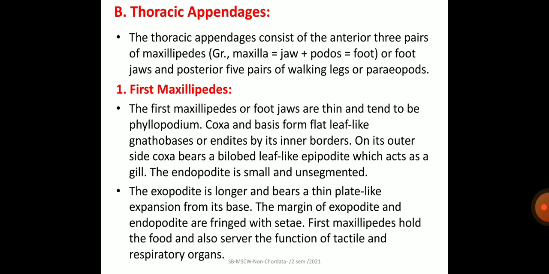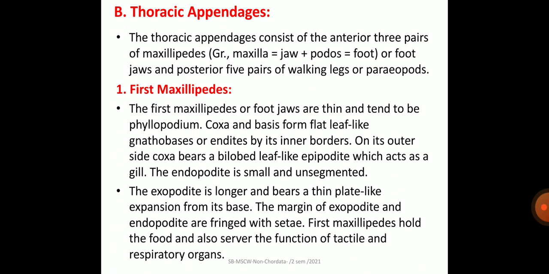So, the first maxillipede or foot jaws are thin and tend to be phylopodium. Their coxae and bases form plate-like structures called gnathobases or endites by their inner borders. On its outer side, the coxa bears a bilobed leaf-like epipodoid which acts as a gill.